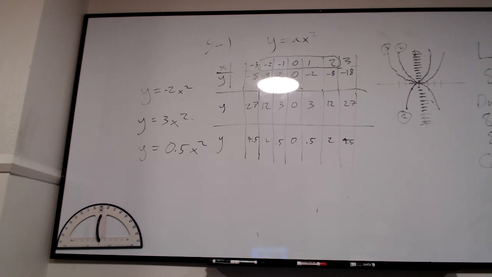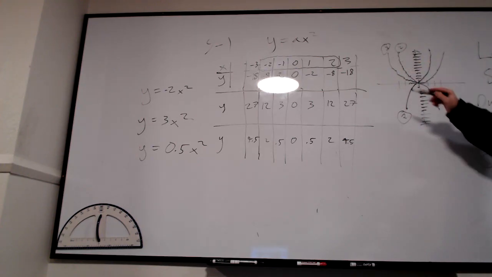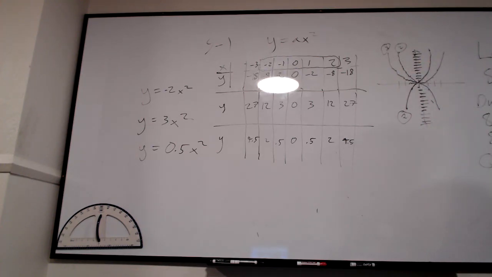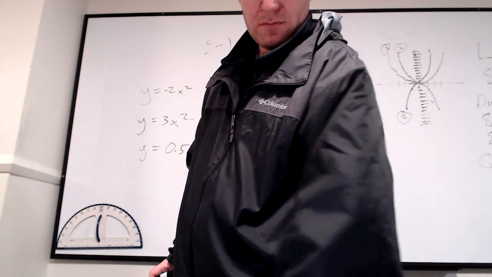As you can see, the vertex, or the low point of the parabola for this form, is always 0, 0. So what do you notice about when it goes to 0.5?